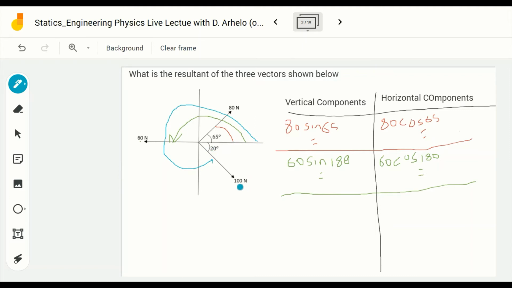So it is 100 at 340. So it's 100 sine 340, and for the horizontal it will be 100 cos 340.